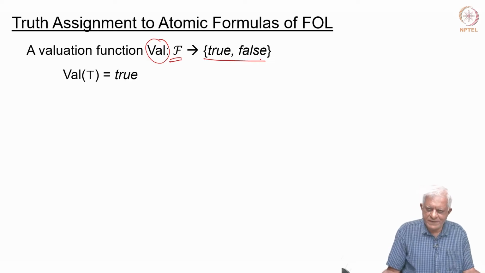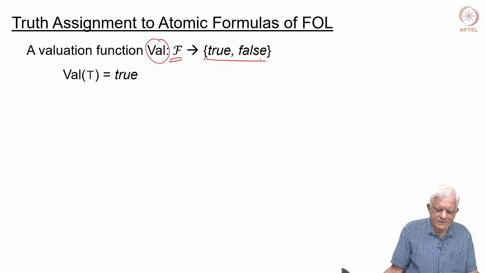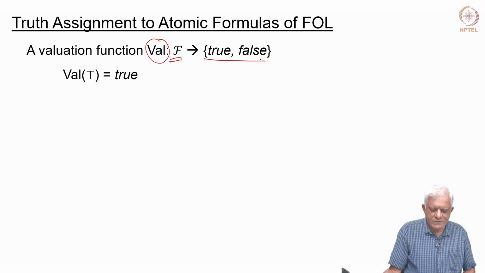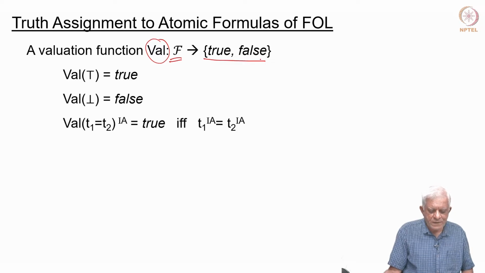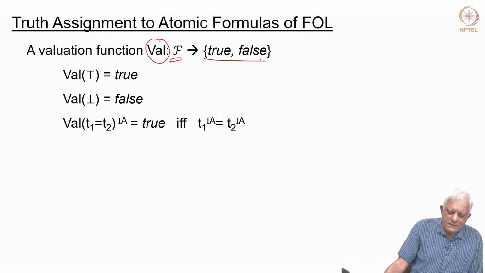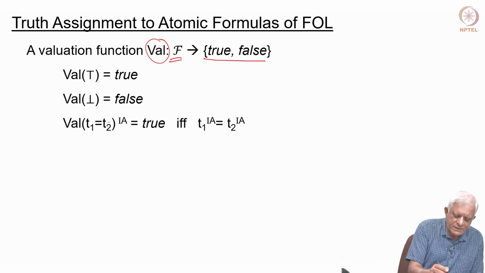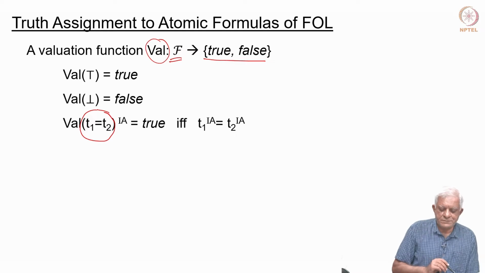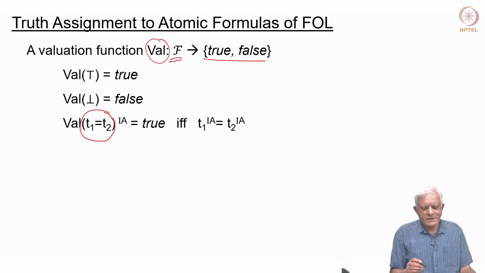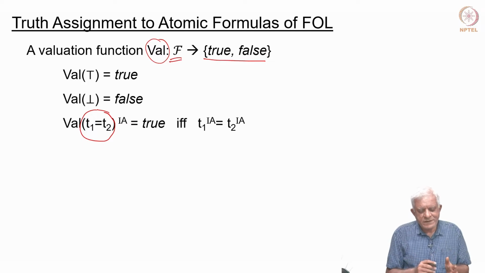How do we define that? We start with the simplest sentences, the atomic sentences. Top is always true by definition, bottom is going to be always false by definition. An atomic formula of the kind T1 equal to T2. Remember, that is an atomic formula. T1 and T2 are terms, equal to is the equality sign in our logic, and we are saying is this formula true or not.